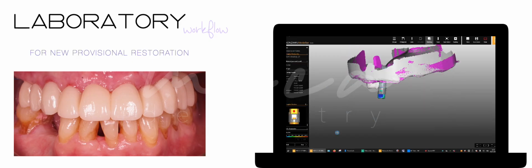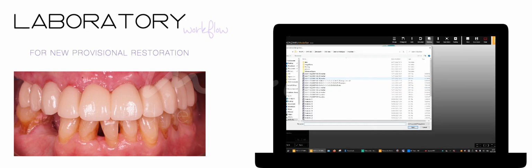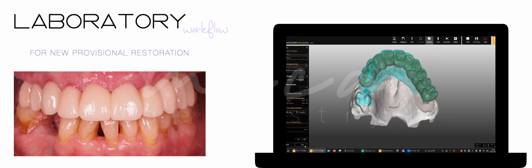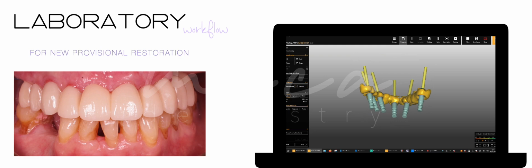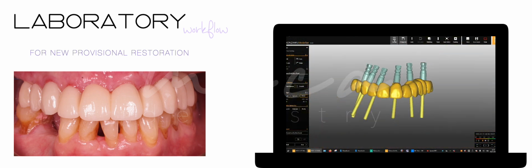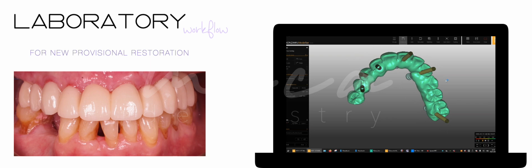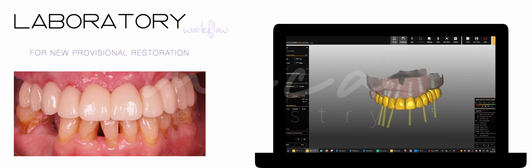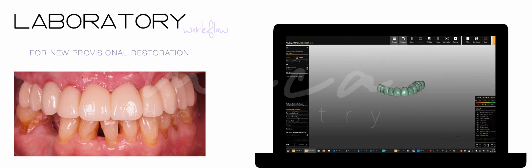Okay, so at this point, 3 months after the surgery, the patient told us that she was going to travel to Australia for 2 months. So instead of starting the clinical steps to obtain our final restorations, as we didn't have enough time for that, we decided to ask the lab to produce a new provisional restoration with some modifications in tooth shape and especially in the emergence profile.